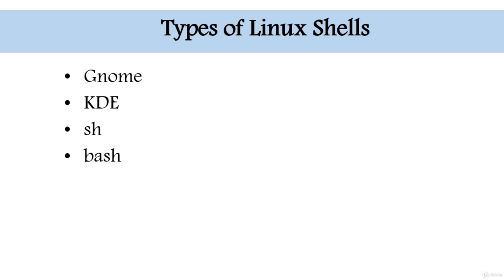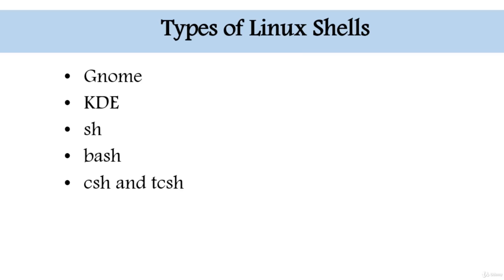Bash means Bourne Again Shell. So sh still exists. Don't think that sh is gone. Now the newer shell is available, which is called Bourne Again Shell. And in our entire course, we will be using Bourne Again Shell. Why? Because it has a lot of enhanced features and it is very user friendly. There are so many features and variables that we could use in that shell.